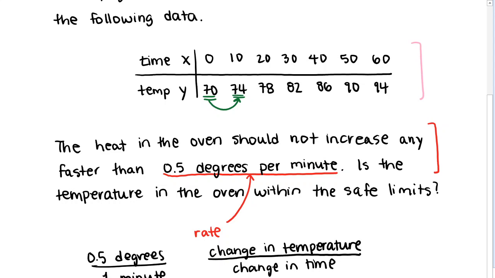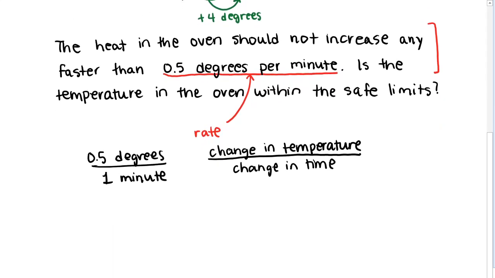Well, in this case, it increased 4 degrees across those 10 minutes. It's important to keep in mind both the temperature increase and the time increase. Those two together play an important role in this story. It's not just important that there was a 4-degree increase. This 4-degree increase, most importantly, happened over the 10 minutes.